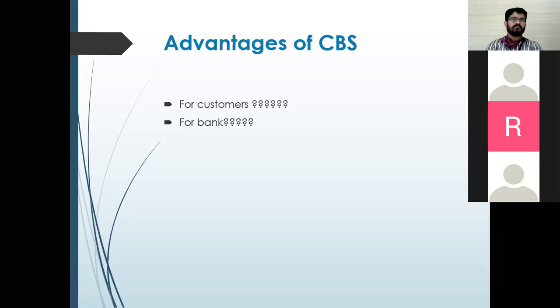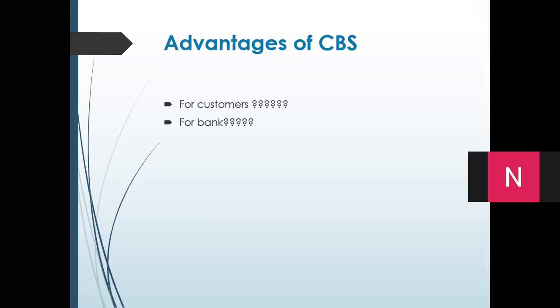Any idea? Anyone? CSPs, customer service points. Rohit? No, sir. Mrunali? No, sir. Aryant? Nabhiraj? No, sir. Narayan?